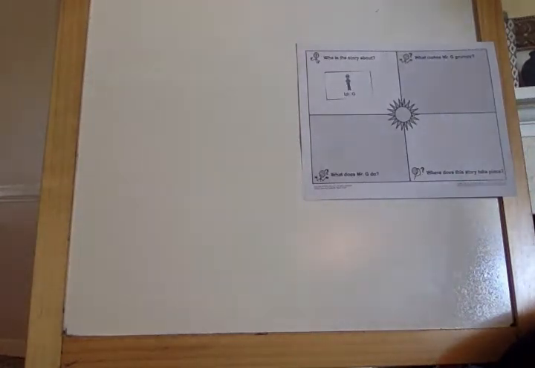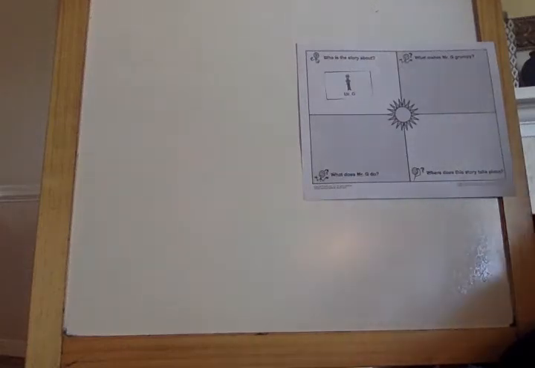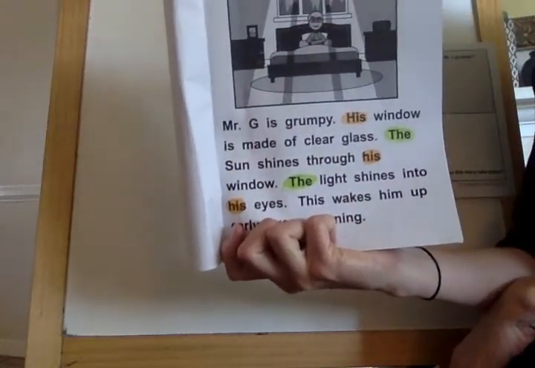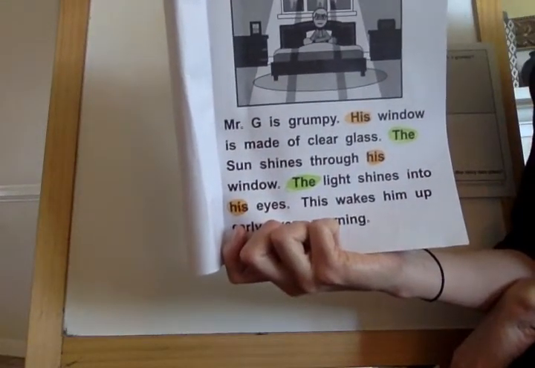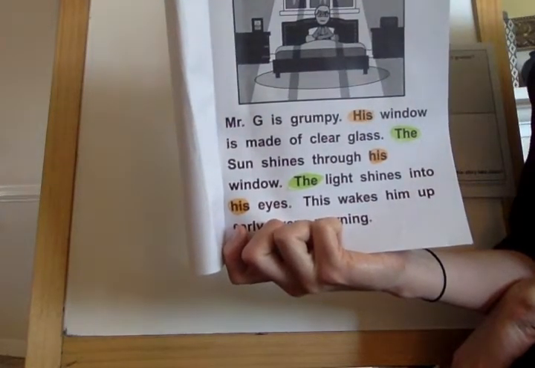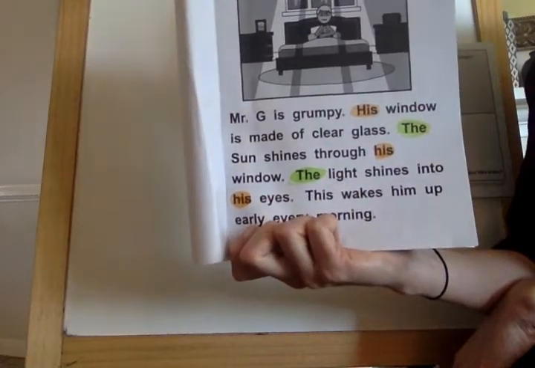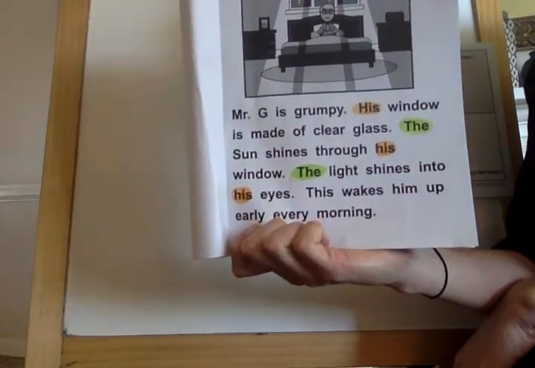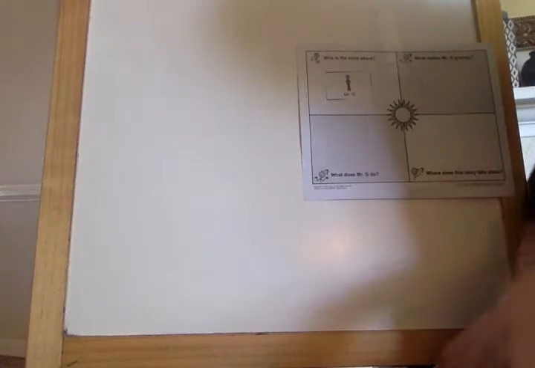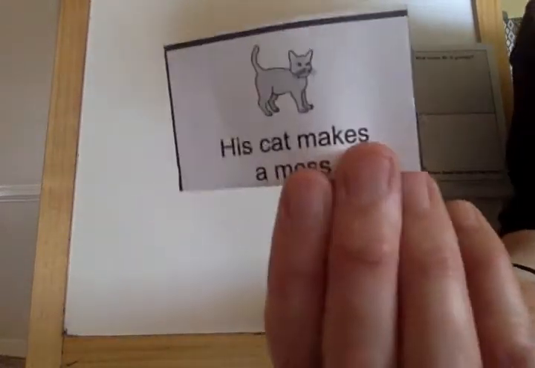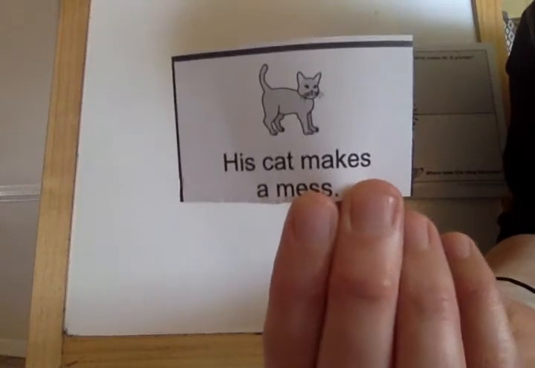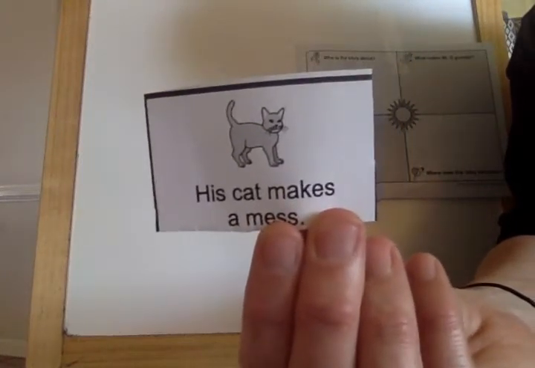Okay, we can answer the second question. What makes Mr. G so grumpy? Let's review. Mr. G is grumpy. His window is made of clear glass, and the sun shines through his window. The light shines into his eyes. This wakes him up early every morning. All right, what is his problem? Why is he grumpy? Did it say anything about a cat making a mess?